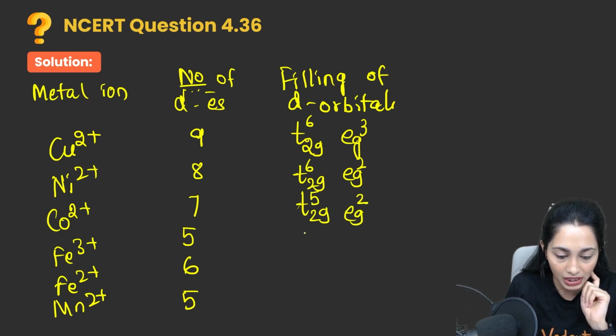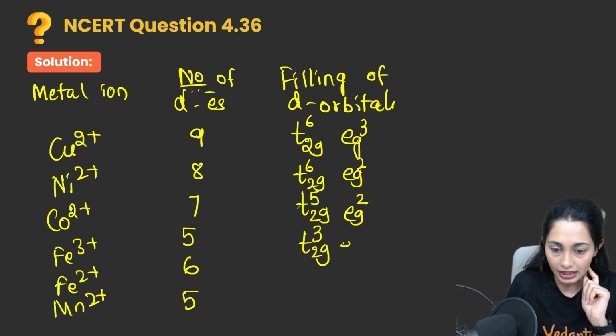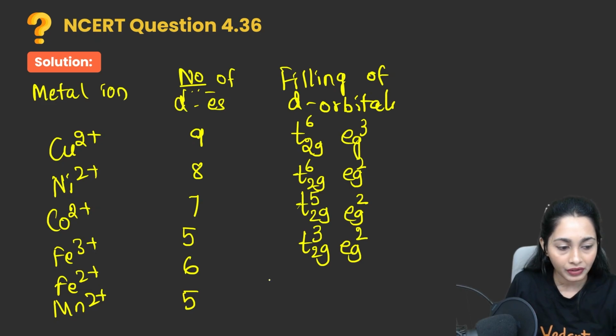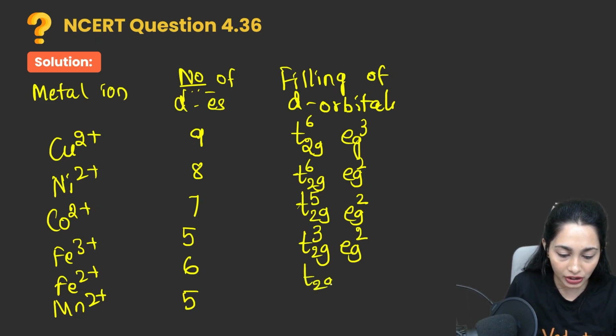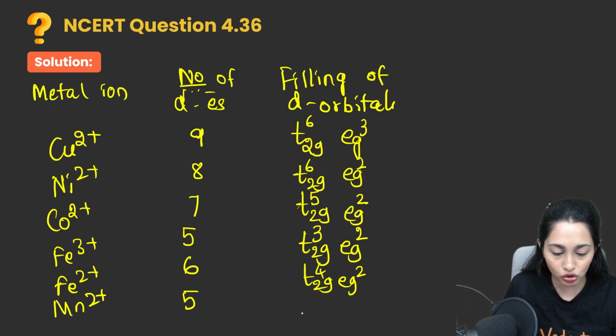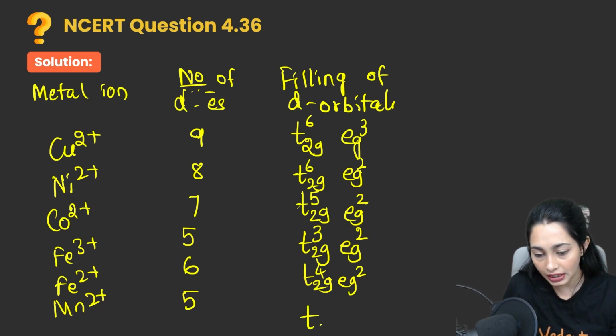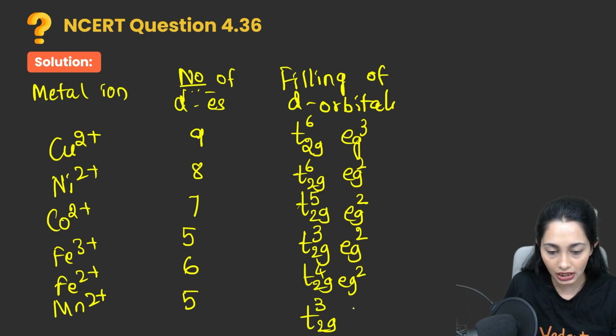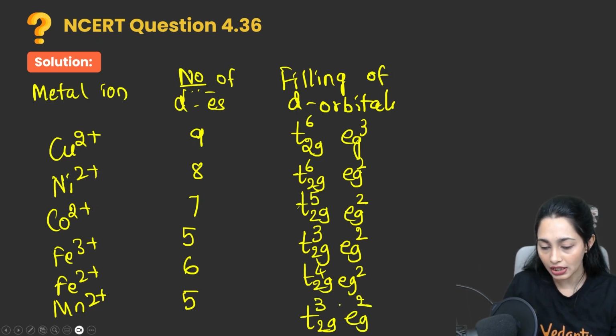Fe 3 plus: T2G 3 and EG 2. Fe 2 plus: T2G 4, EG 2. Manganese 2 plus: T2G 3, EG 2.